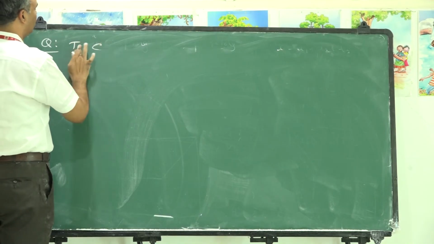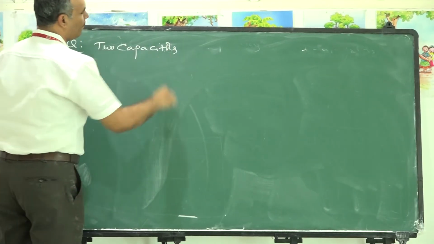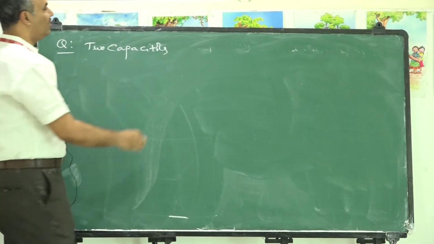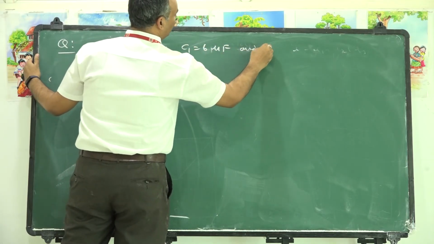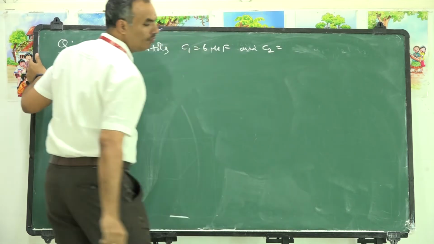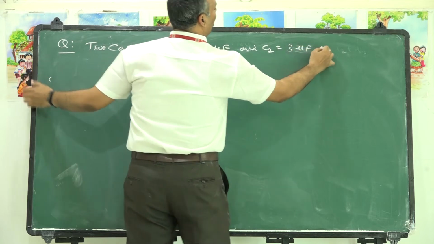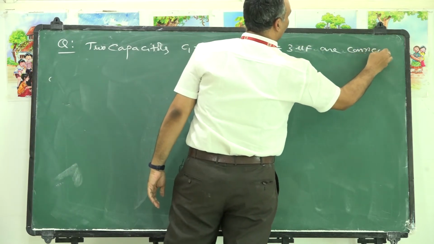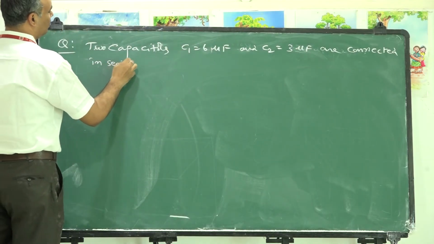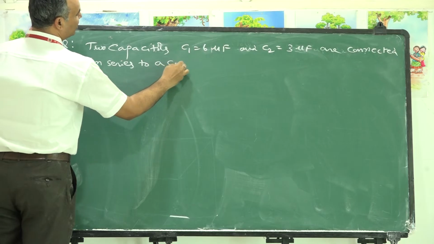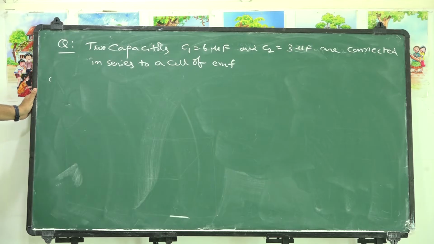Two capacitors with capacity C1 is equal to 6 microfarad and C2 is equal to 3 microfarad are connected in series to a cell of EMF 18 volts.